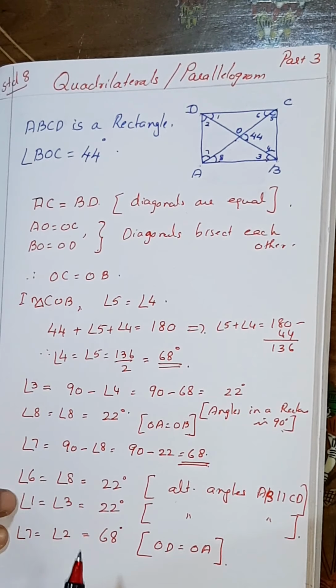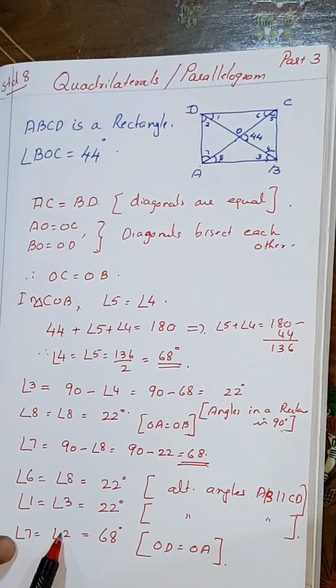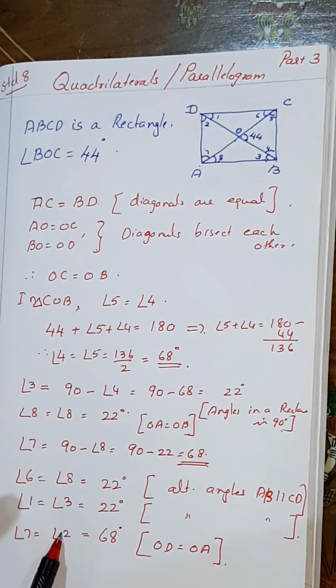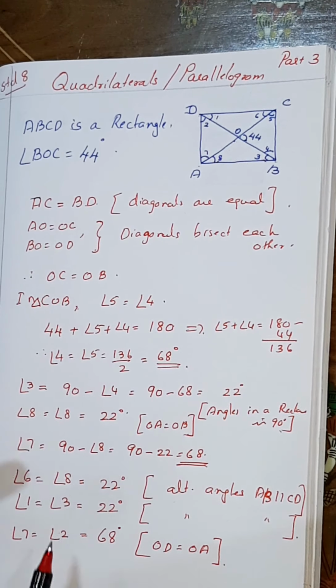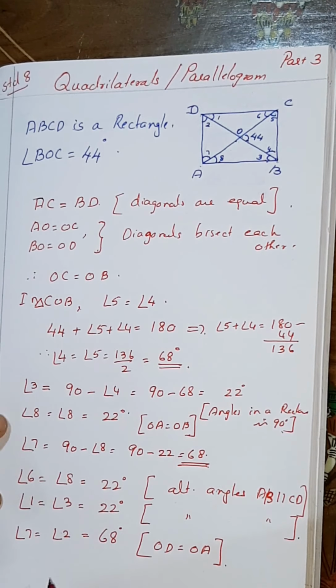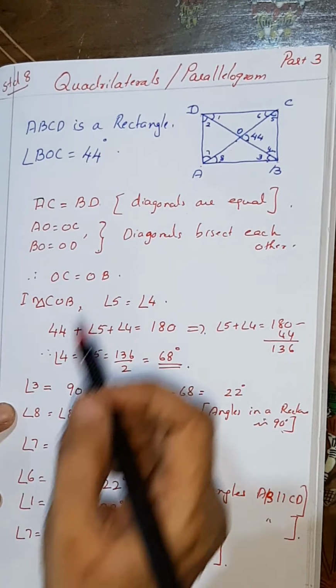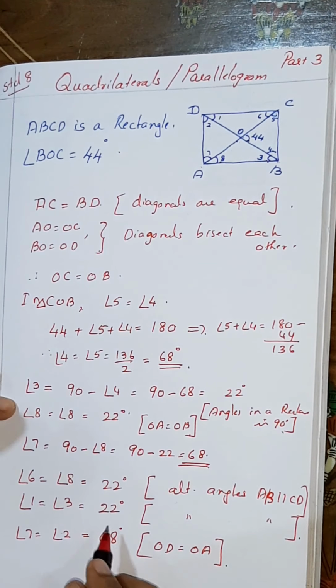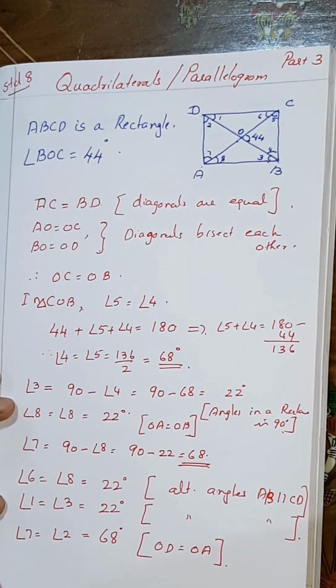Now we have to find angle 1, 2, 3 is over, then angle 4 and angle 5 we have to find. So angle 2 is equal to angle 4.